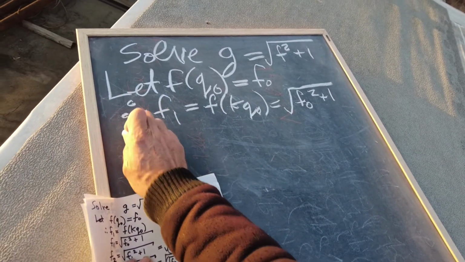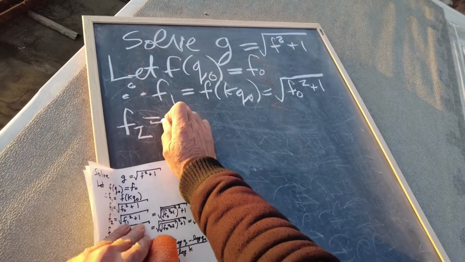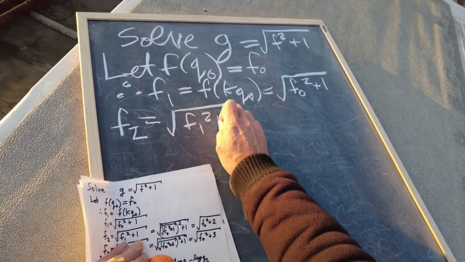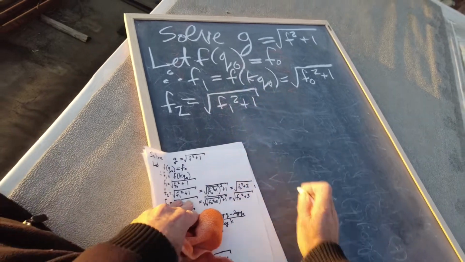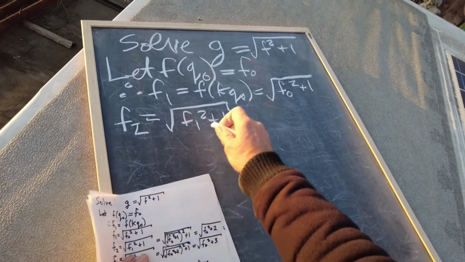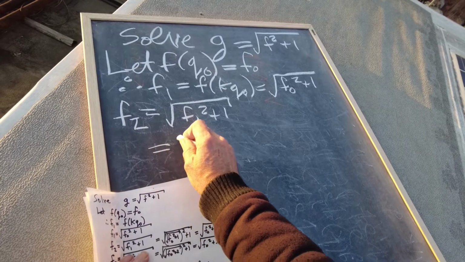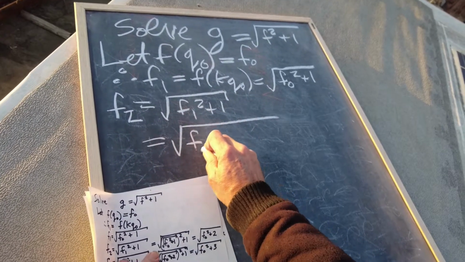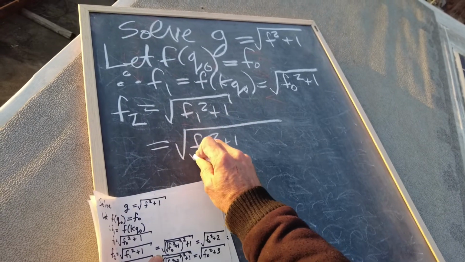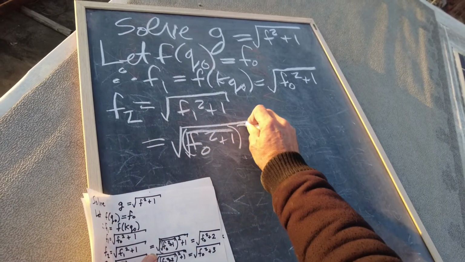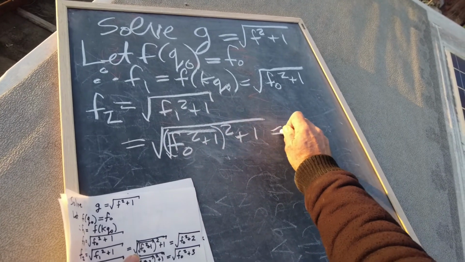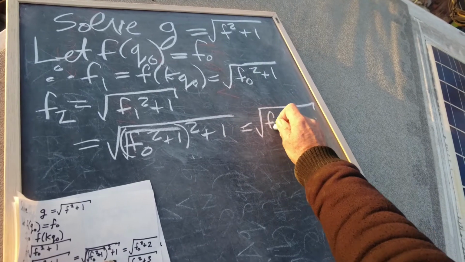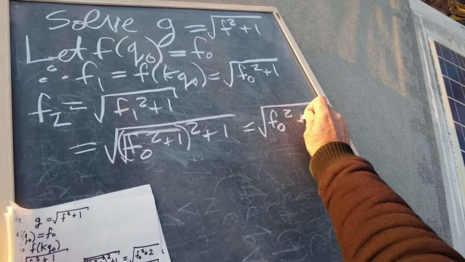And we have f2 equals the square root of f1 squared plus 1, which is equal to the square root of f0 squared plus 1 under the square root sign, squared again plus 1, which is equal to the square root of f0 squared plus 2.